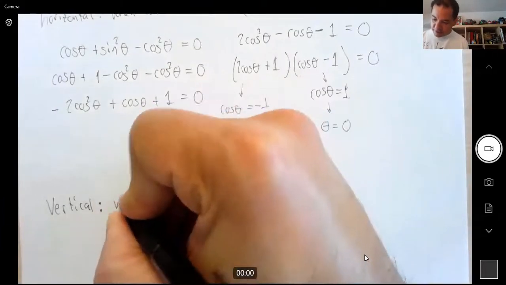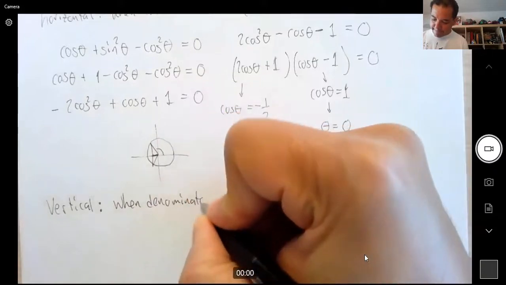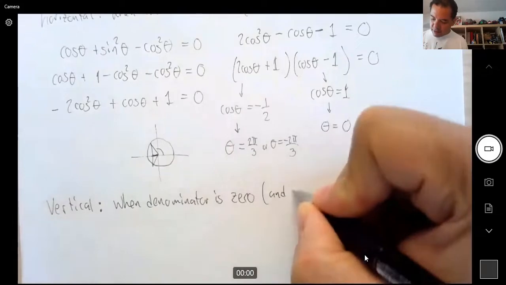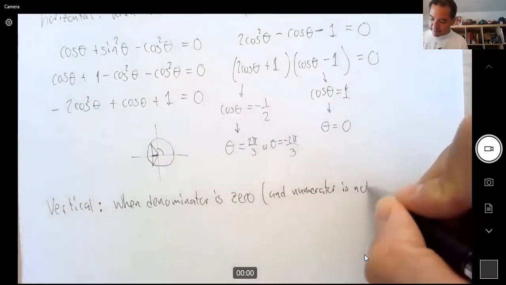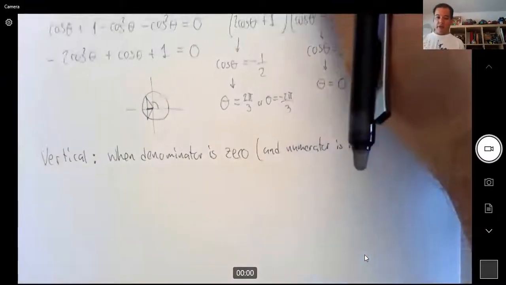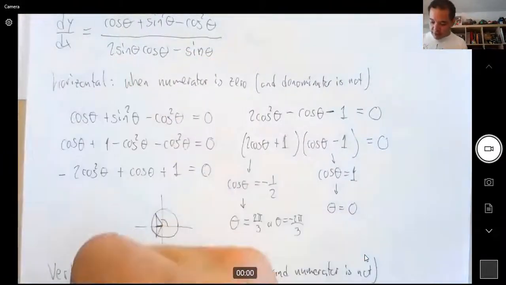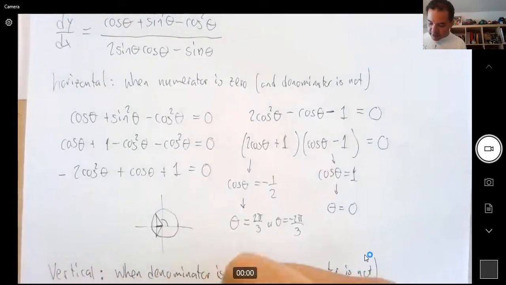So this time is when the denominator is 0 and the numerator is not. The denominator was this one over here. So we want 2 sine theta cosine theta minus sine theta to be 0.